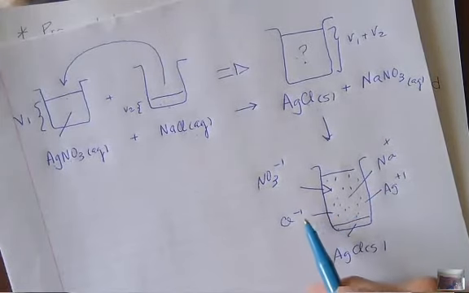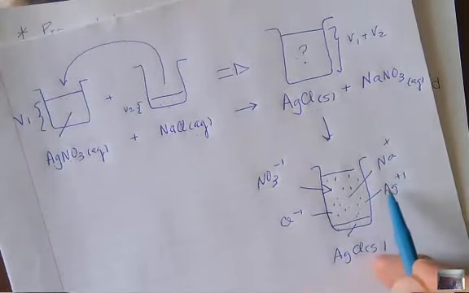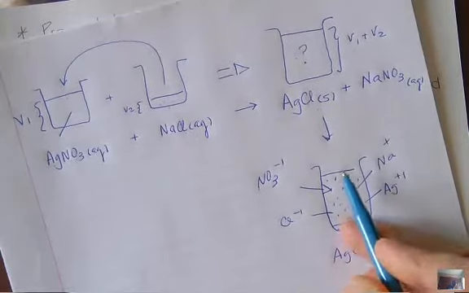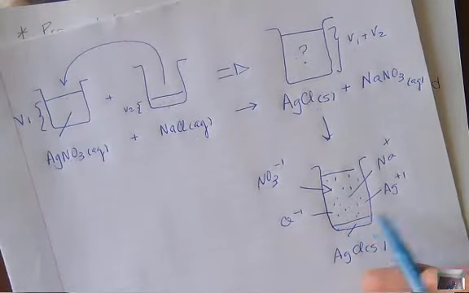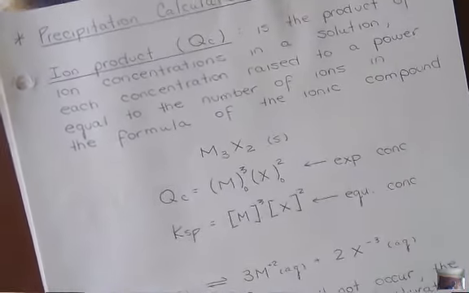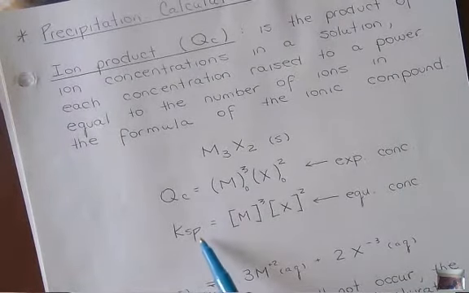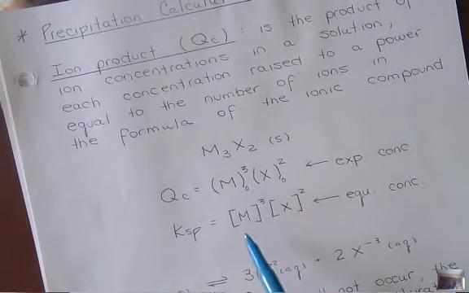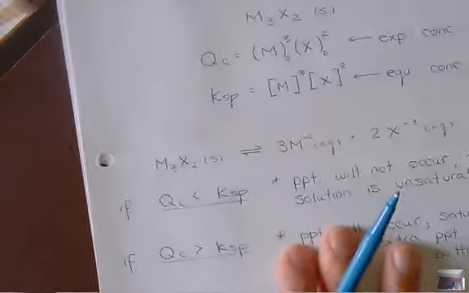And if QC is greater than KSP, then boom, I'm going to get a huge amount of precipitate out and the solution will remain saturated on top of it. So we're going to compare these QC values with KSP. Again, these are initial concentrations after the solution has been mixed but before they start to react versus the equilibrium concentrations. Okay, so let's take a look at a problem.